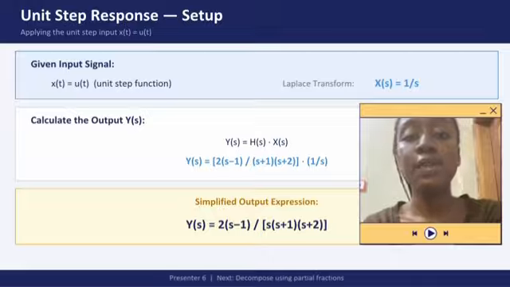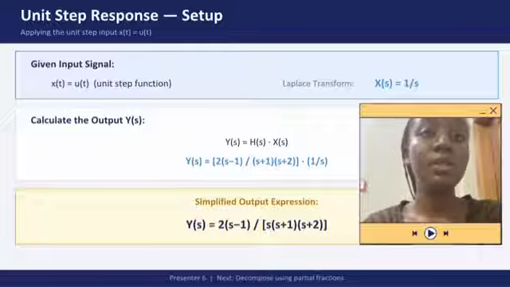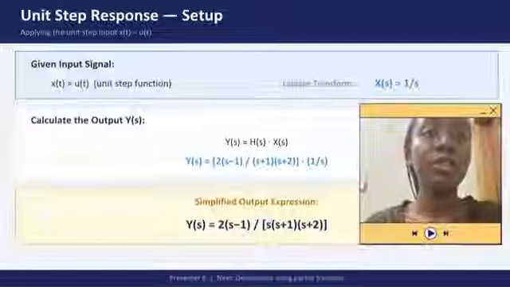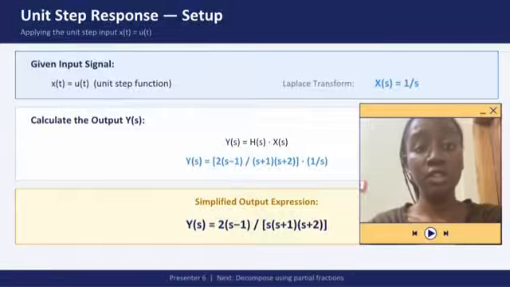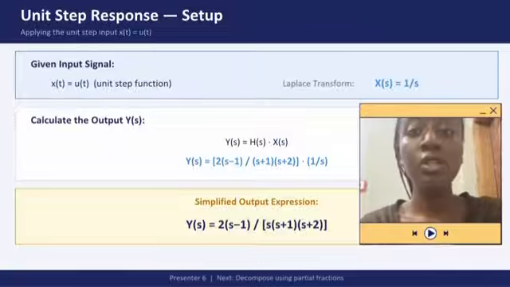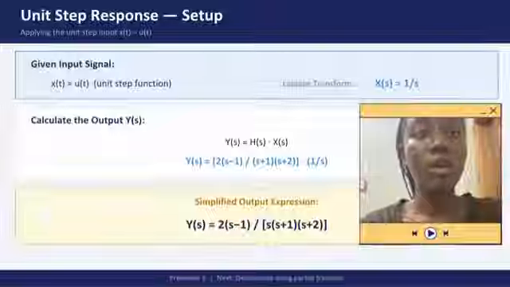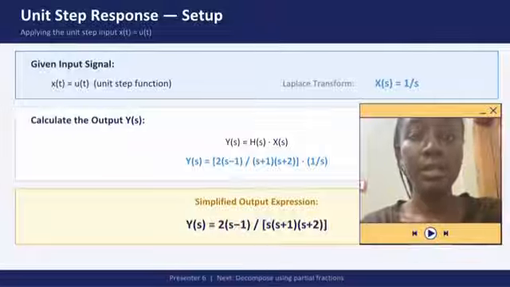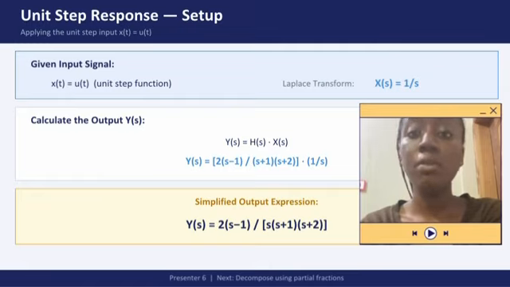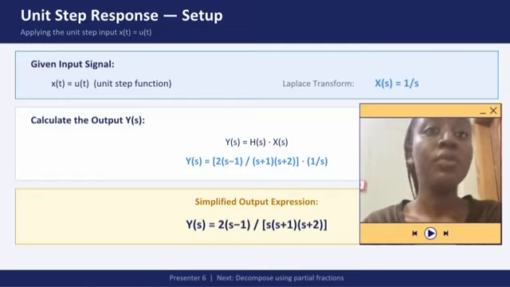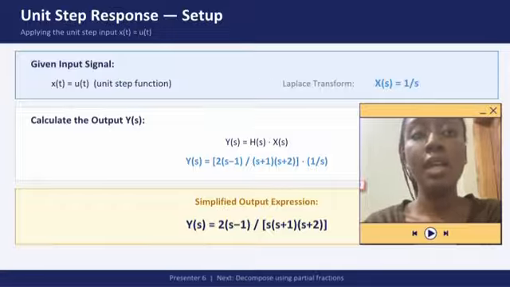So we can find our output signal Y(s), which is equal to H(s) times X(s). Substituting, we have Y(s) equal to 2(s - 1) over (s + 1)(s + 2), multiplied by our unit step signal 1/s. Multiplying this together, we have our output in the s domain.